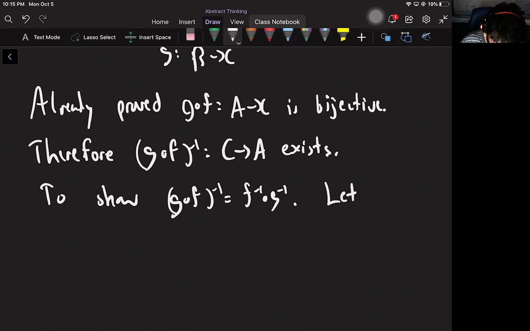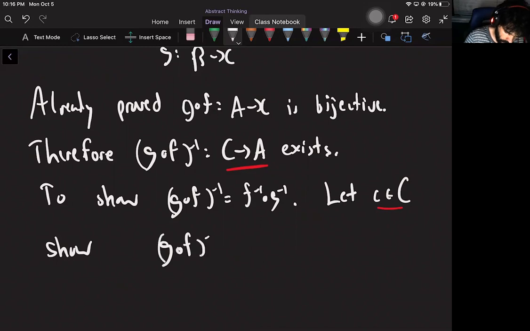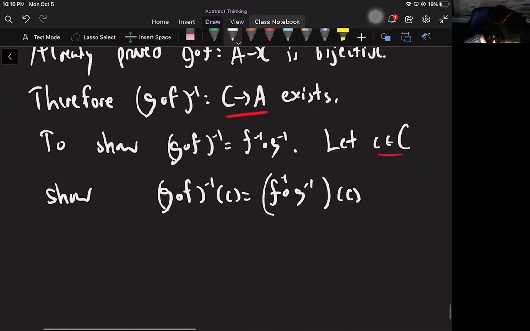The domain of both of these is C, right? Because it goes from C to A. So let something be in the domain and show that when I plug it into either one, the result is the same. That shows that they are the same function. They do the same thing to the same elements.